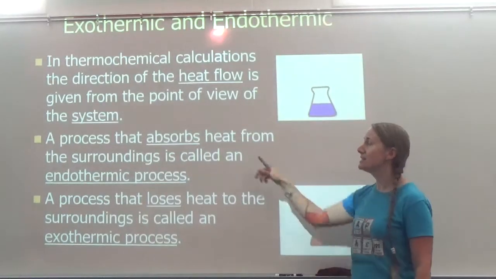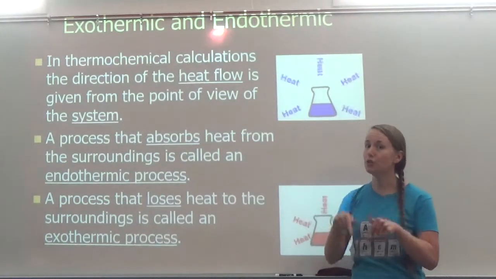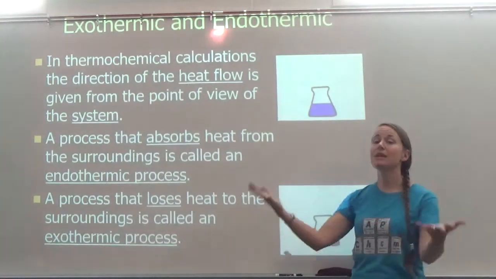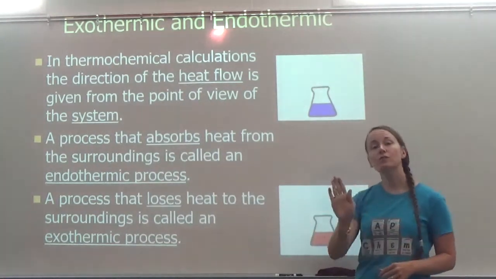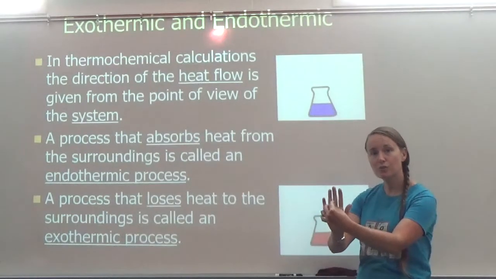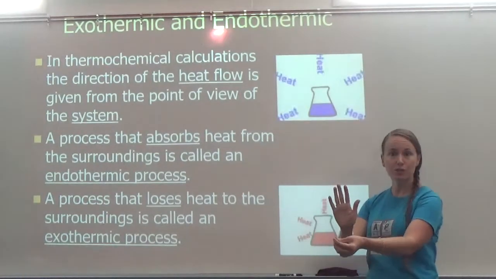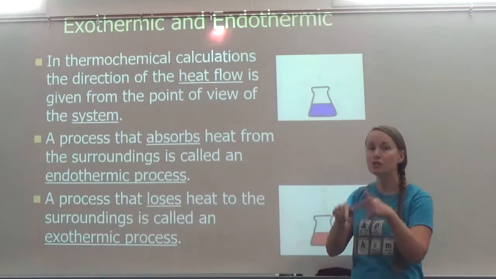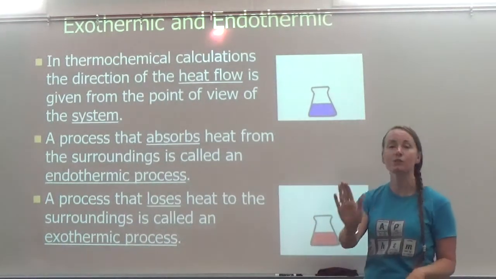Well, remember, it's not about your point of view. You're a surrounding. It's about the system's point of view. So the system is absorbing heat. Well, if you touch it, it's going to absorb heat from you because you are a surrounding. So if something takes heat away from you, it's going to feel cold when you touch it.